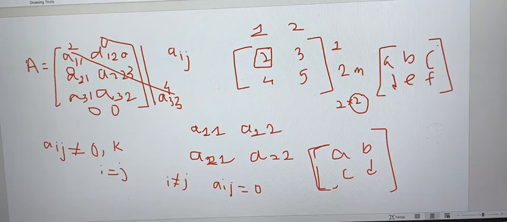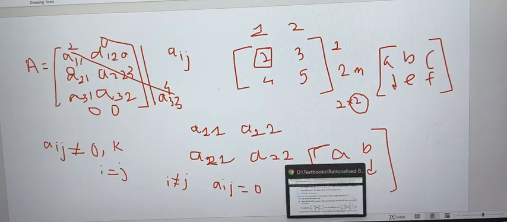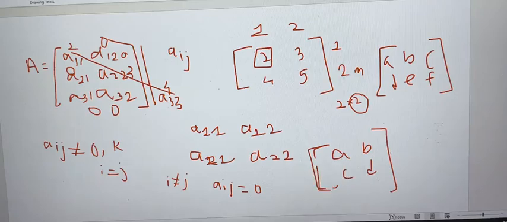If they're immediately asking is there any way this could be equal or not, you can immediately say that okay, this is 2 rows 2 columns, but this is 2 rows 3 columns, order is not the same, so there is no way that these two could be equal. So first important point, always check the order, and then the corresponding elements should be equal.